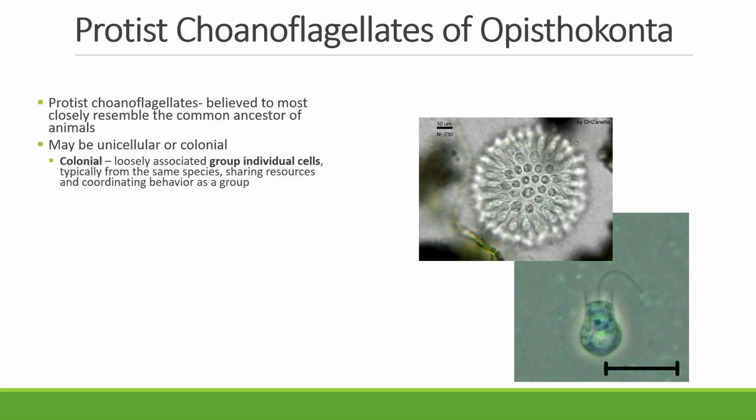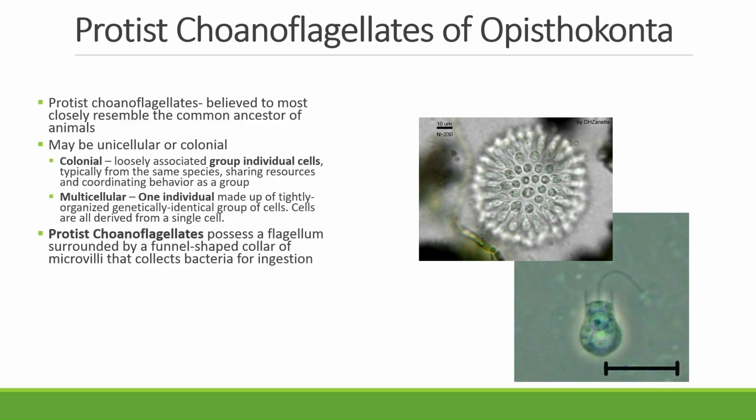When you hear the words colonial organisms, think of a group of individual cells or groups of individuals sharing resources and coordinating their behavior. This would be contrasted to multicellular organisms, which are individuals made up of genetically identical cells, all originating from a single cell. In animals, this is typically the zygote.